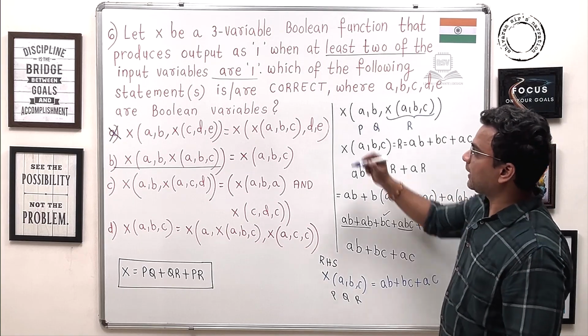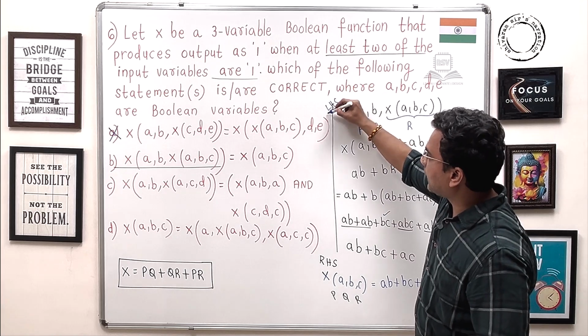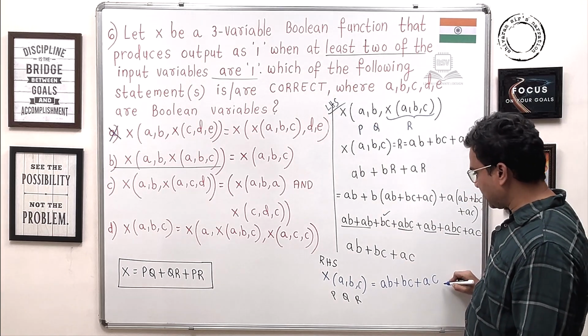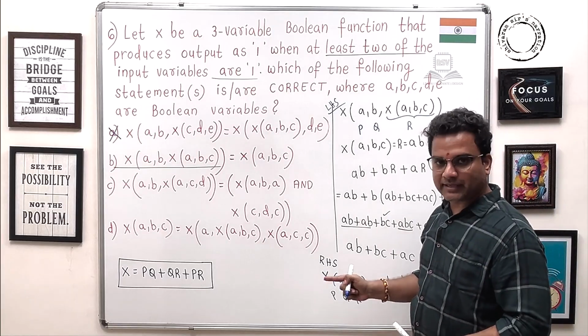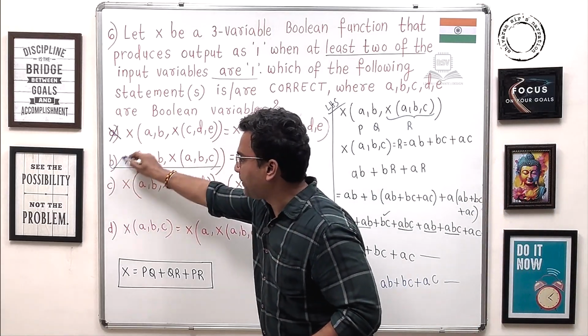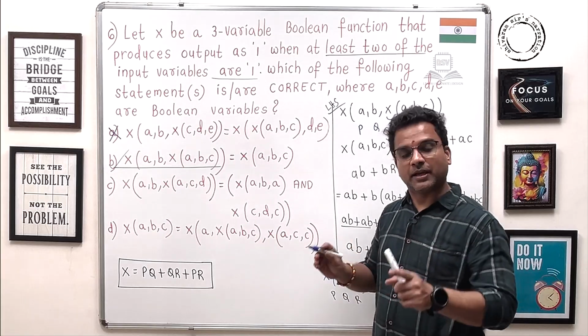Now guys, LHS and RHS are equal. Got it? Hence the right answer is option B. So this statement is correct.